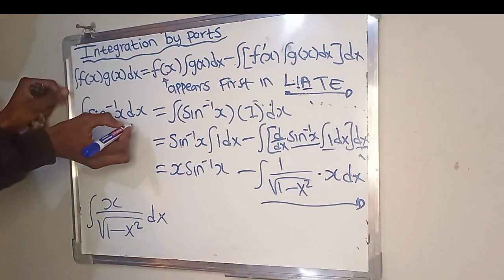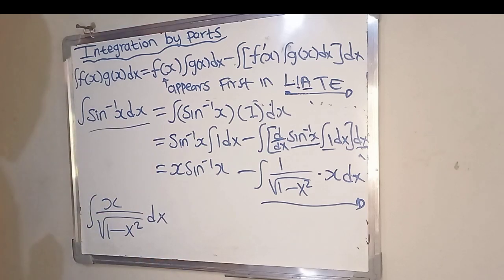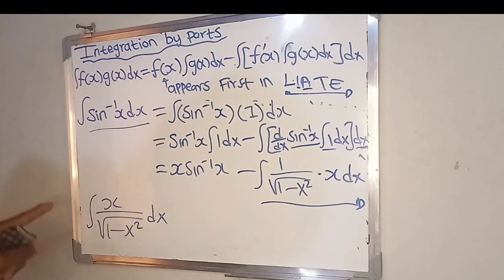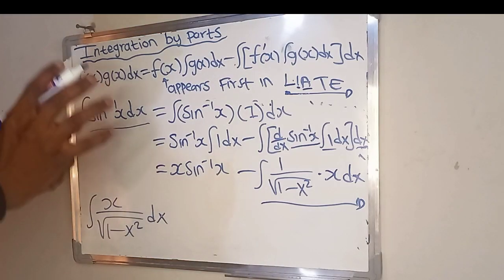I'm going to apply either U substitution or trigonometric substitution. But the one that I'm going to go with is the trigonometric substitution, because I know most people understand U substitution, but when it comes to trigonometric substitution, it's kind of a problem.